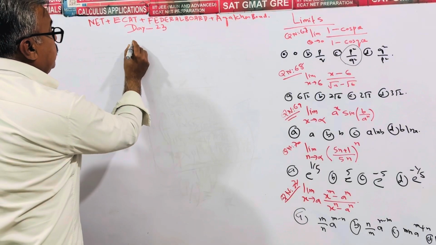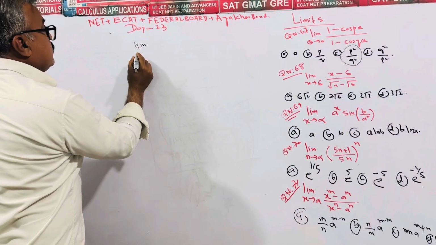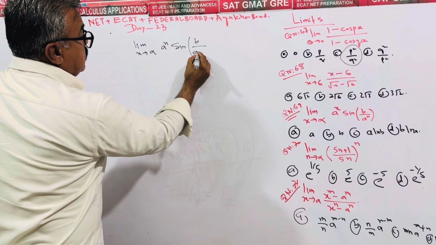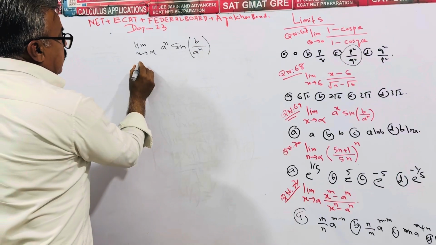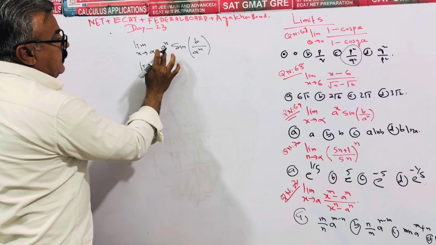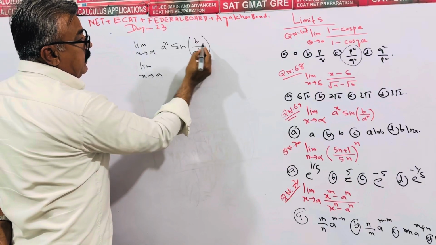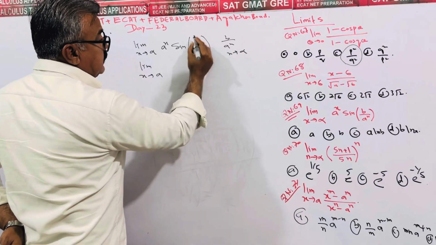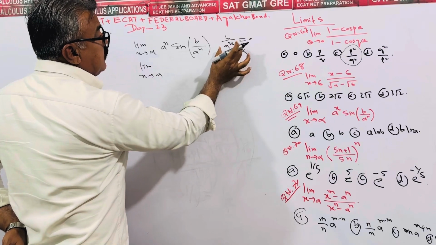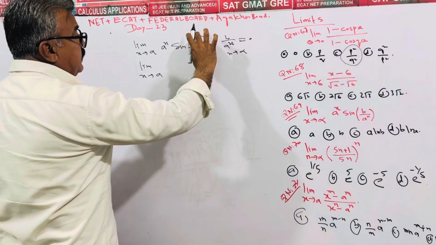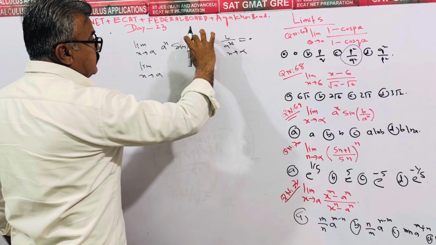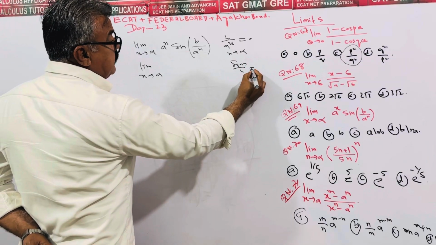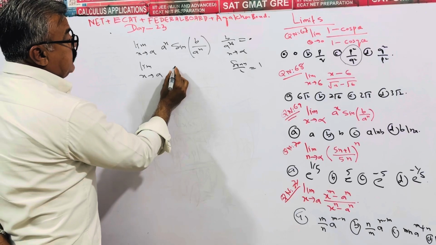Look, when x tends to infinity, b over a raised x will result in 0, as the denominator increases and the quantity vanishes. It is going towards 0. Then we apply the same formula, sin x over x equals 1. How? Let's see.